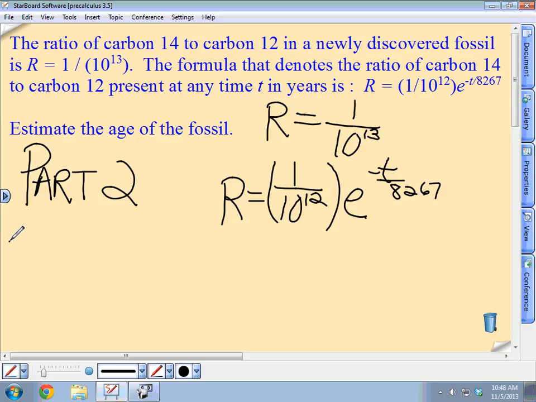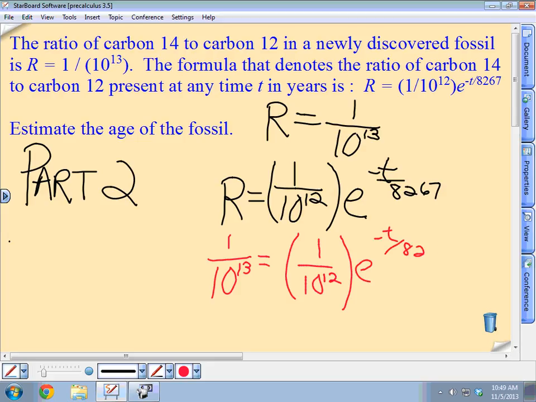Substitute in R. That's R in the model. So 1 over 10 to the 13th equals 1 over 10 to the 12th e to the minus T over 8267. So substitution, that's a good first step. Now what?